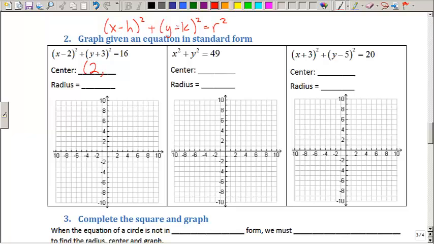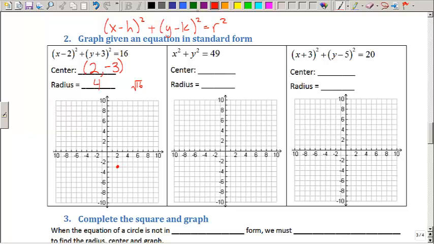Because there's a negative in the formula next to the y, I need to take the opposite of positive 3, which is negative 3. My radius can be found by taking r squared, which is 16, and taking the square root of 16, which is just 4. So I have found the center. Now I'd like to plot the center on my graph. My center will be at 2, negative 3.